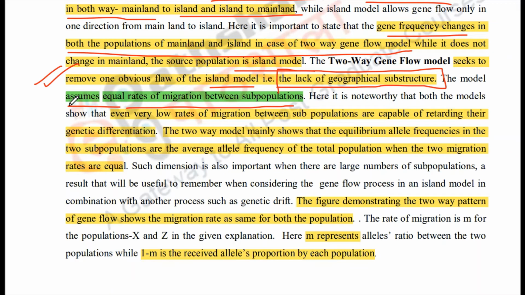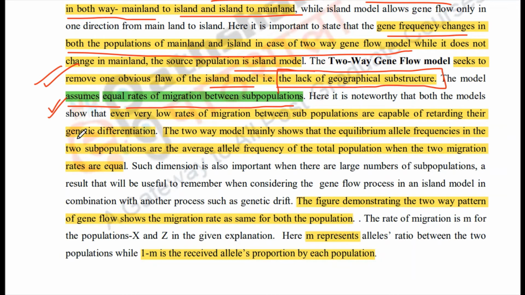Along with other assumptions, this is one very important assumption of the two-way gene flow model, because they are saying that within the population there are other subpopulations. The island model didn't have any consideration of the flow or migration between these subpopulations. So in this model the basic assumption is that even at the subpopulation level there are equal rates of migration, and that rate has to be considered equal.